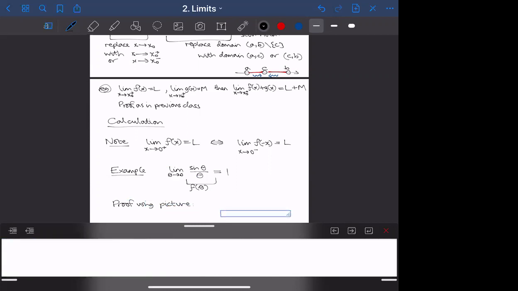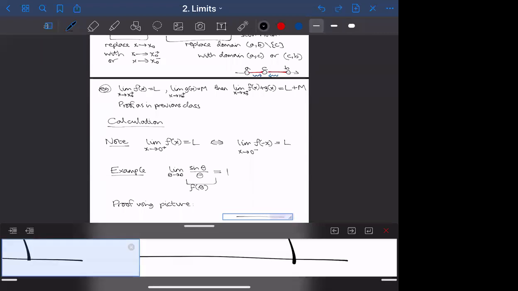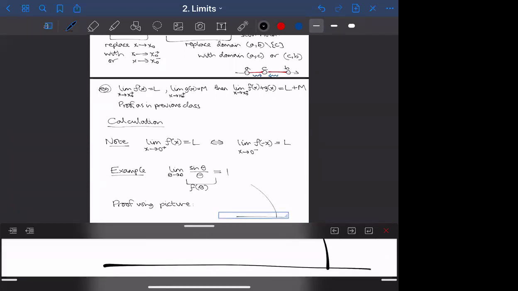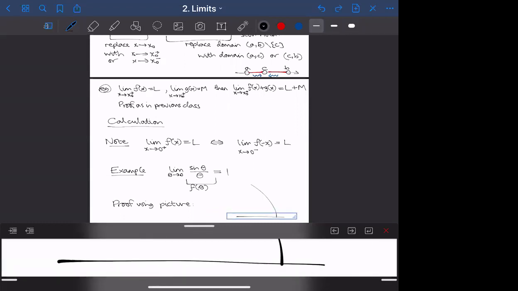How does it go? So we take a sector of a circle. Get this angle right. Yeah, that will do.